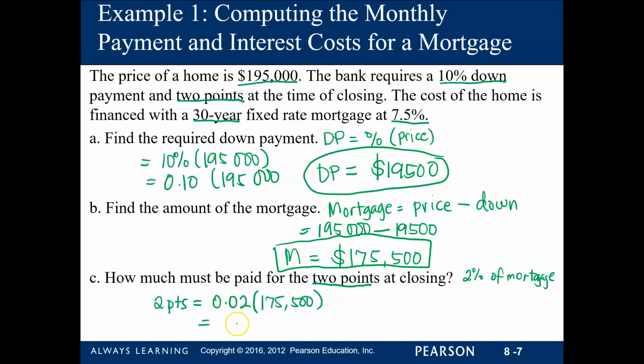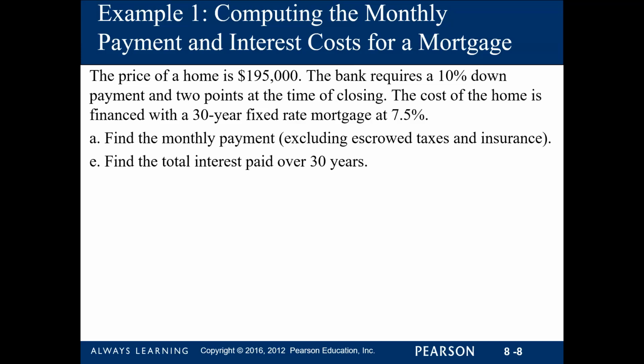That amount will be paid to the lender, and that is going to be 3,510. So the down payment is paid to the seller, and the 2 points are paid usually to the bank or the lender of the money for your mortgage.